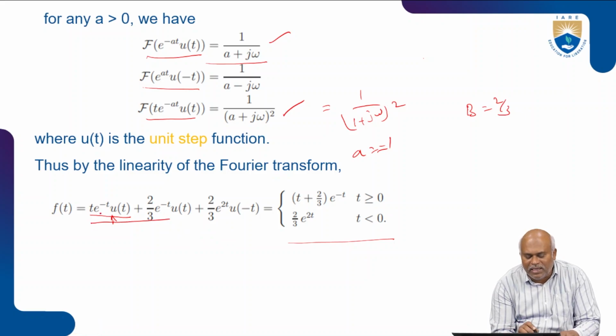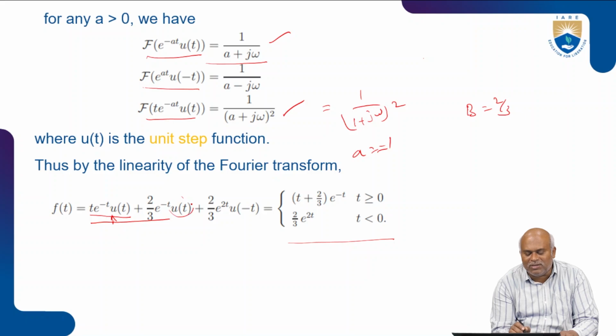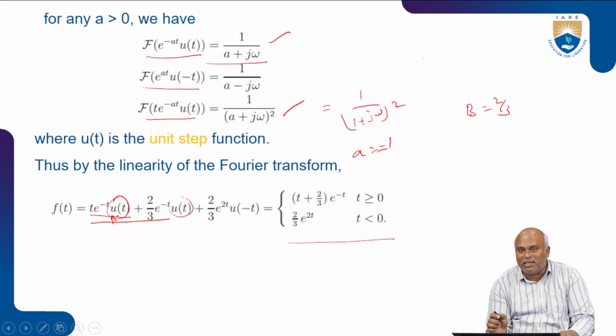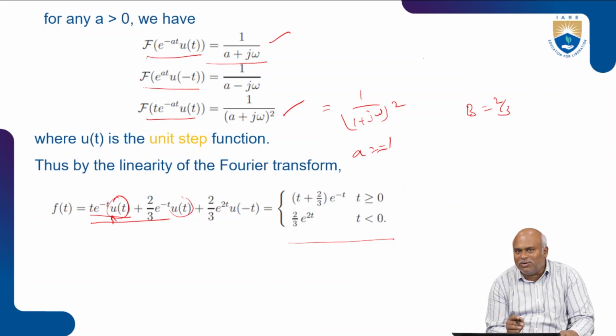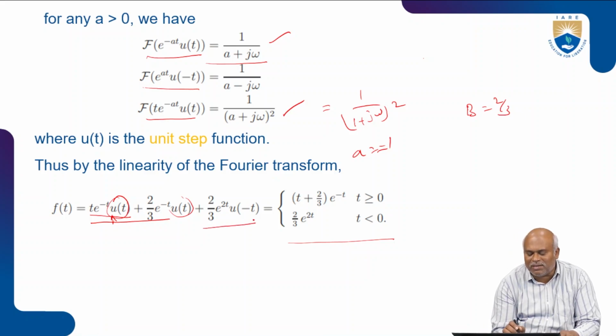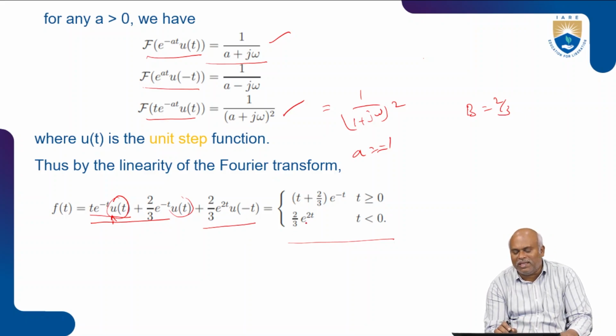So I take t and take out u(t). The remaining portion is t plus (2/3)e^(-t). Take it out when t is greater than 0; this is u(t), this is also u(t). If we go for the minus u(t), that is for t less than 0, then I take this one. Here u(-t) is the minus direction up to infinity: (2/3)e^(2t).